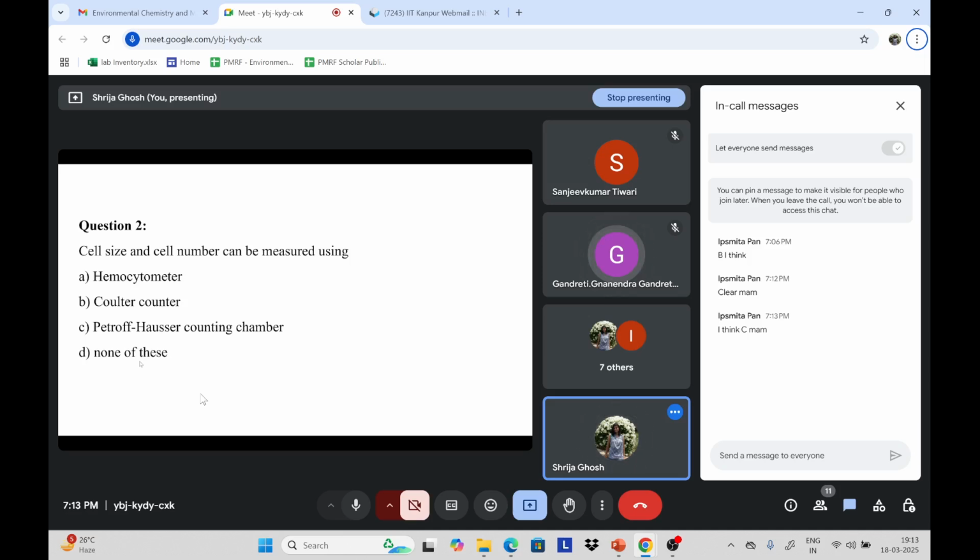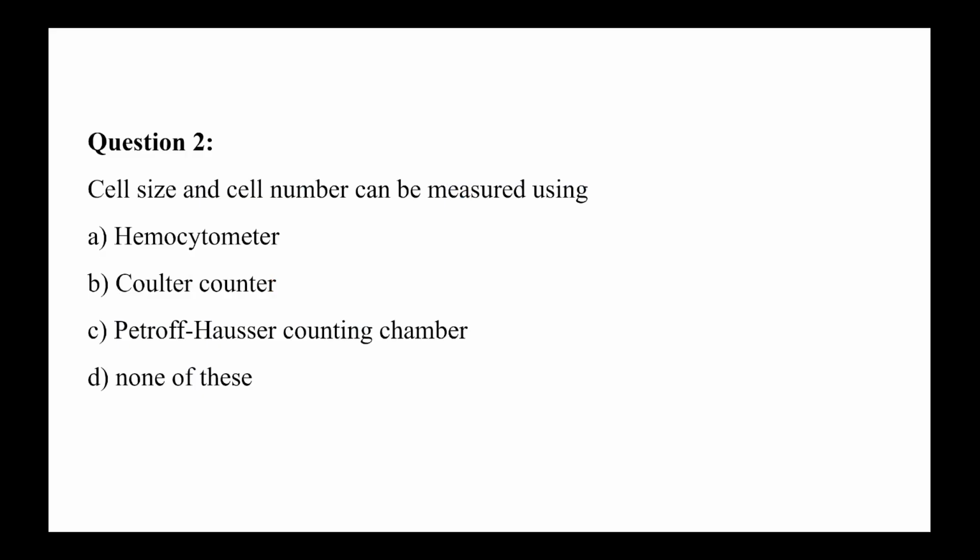Okay, Ipsmita is saying option C. What about others? Anybody else wants to answer? Which of the following can be used to measure both cell size and cell number?